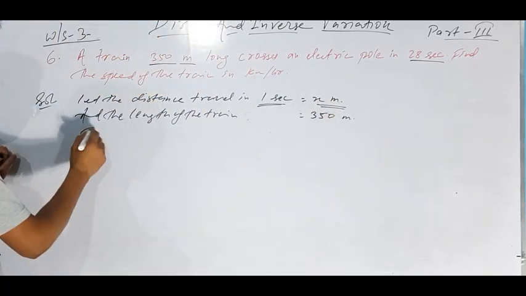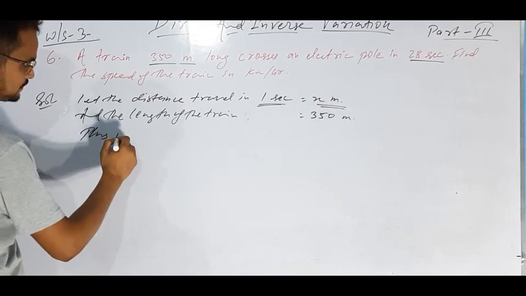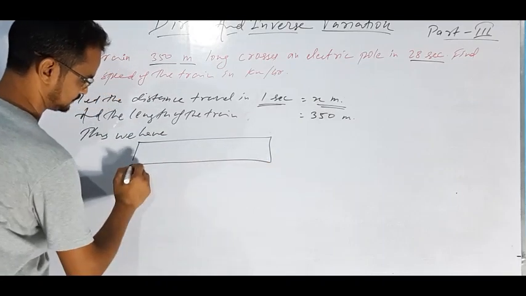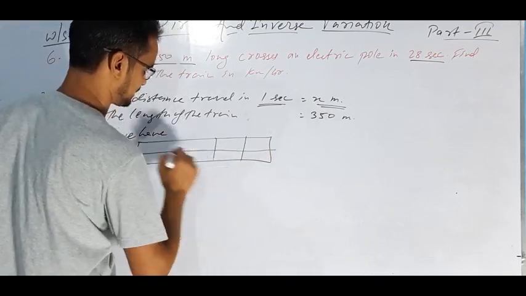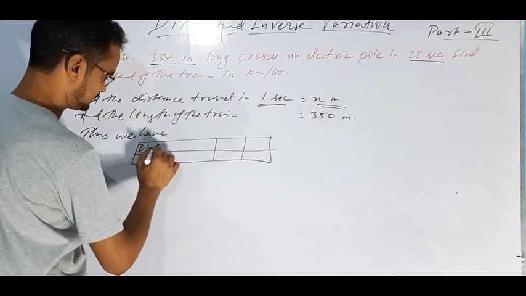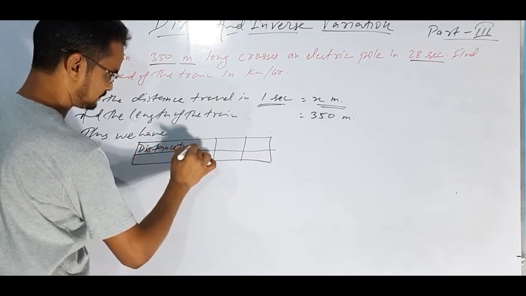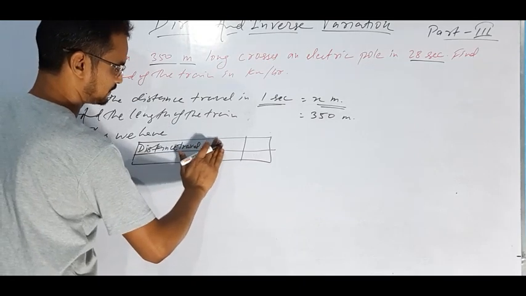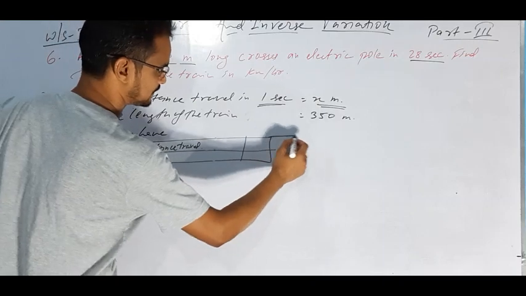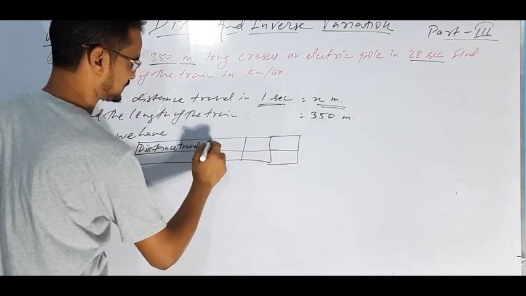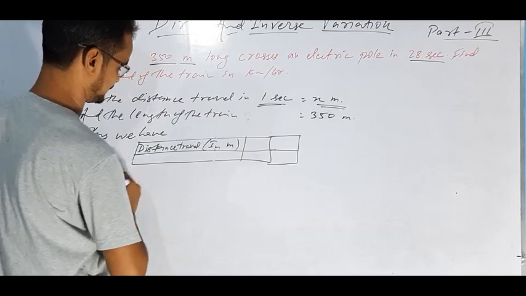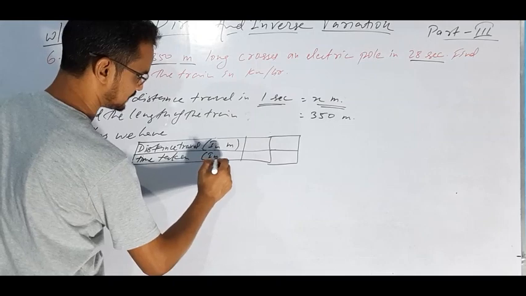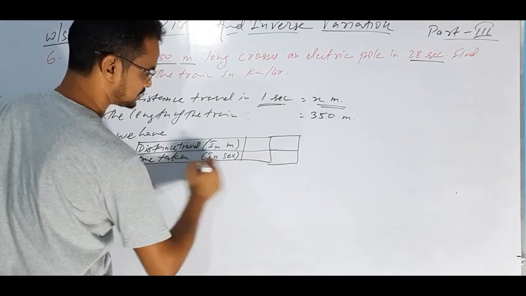Clear? Thus we have to form a table. Write down distance travel in meter and time taken in seconds.